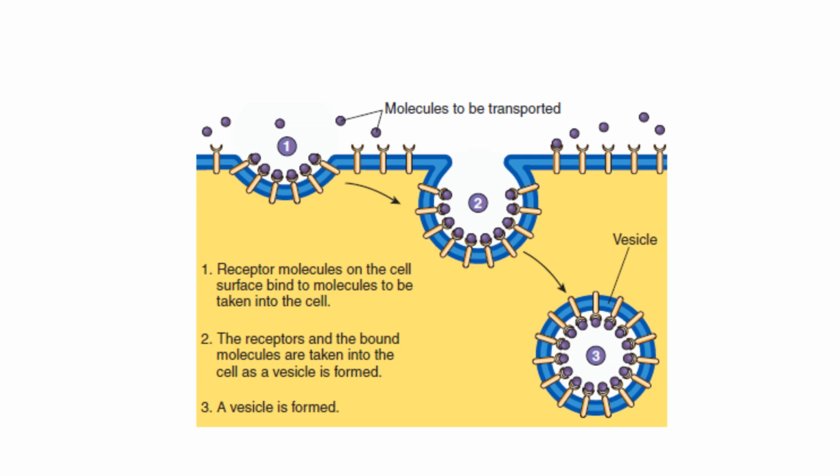Pinocytosis occurs along the highly ruffled region of the plasma membrane, where invaginations of the plasma membrane form a pocket, and then these pockets are pinched off to form vesicles, which fuse with lysosomes and form endosomes.